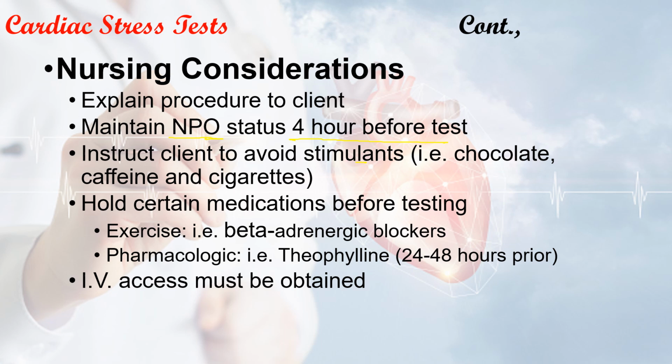When performing the exercise stress test, we withhold beta adrenergic blockers, which are antihypertensives. When performing the pharmacological test, we withhold theophylline, a bronchodilator, especially 24 to 48 hours prior. IV access must be obtained because any kind of emergency can be expected, so that immediate treatment can be activated.